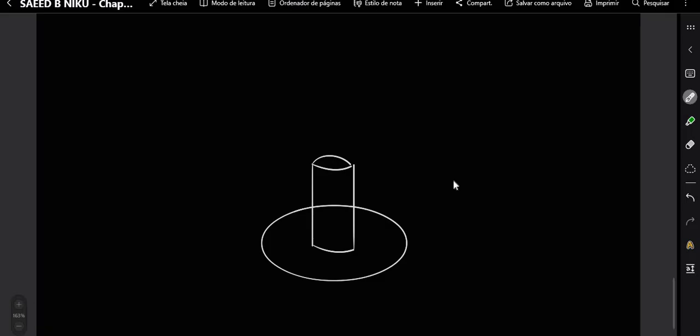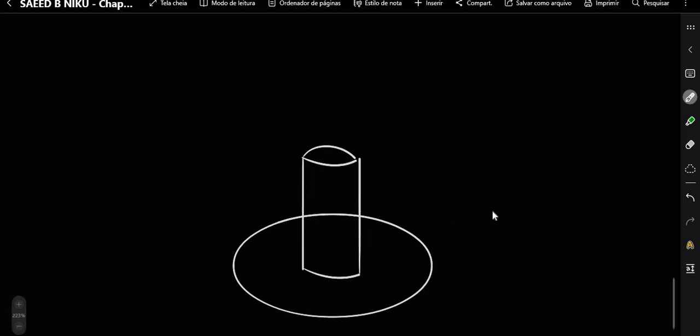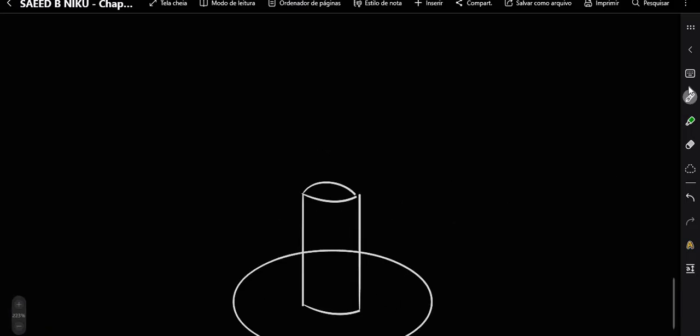So we already have discussed this. And we got the base, the cylinder. Let me draw now an articulation.